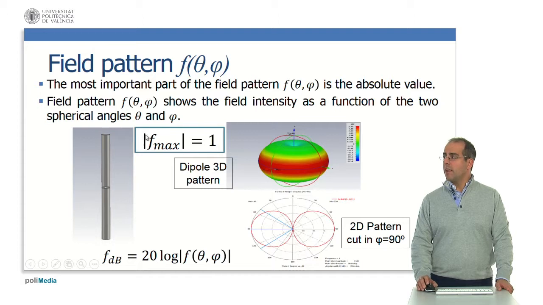We see also that the absolute value of the maximum of the field pattern should be 1. And here we have the 2D pattern of the dipole. The field pattern can also be expressed in terms of the absolute value of the field pattern.